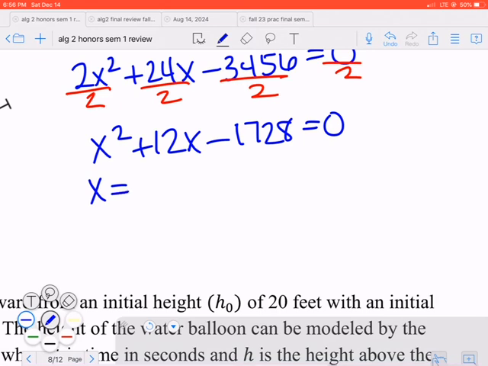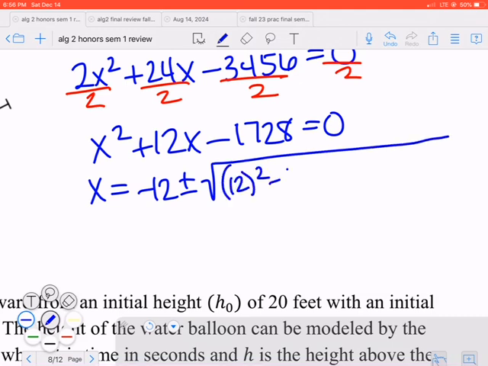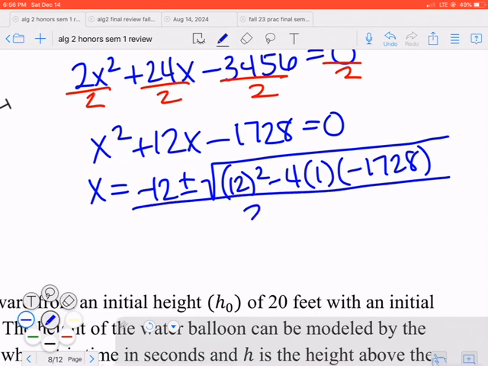Quadratic formula: negative b plus or minus the square root of b squared minus 4 times a times c, all divided by 2 times a.